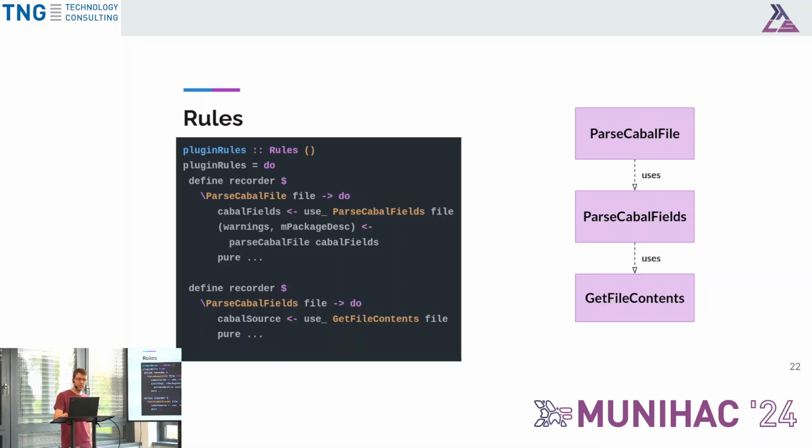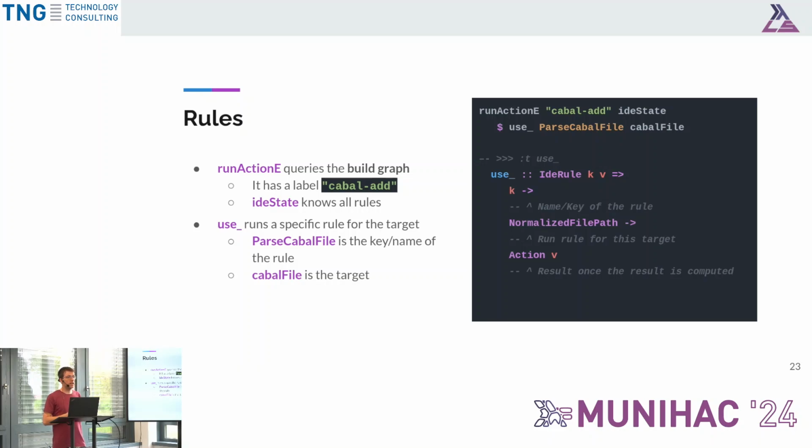That would be bad. And now going back to our code action handler, how do we actually use the results of this rule in our handler? To do that, we want to query the build graph at certain points in time. Now finally we're coming back to this IDE state variable, which is a collection of global variables, right?